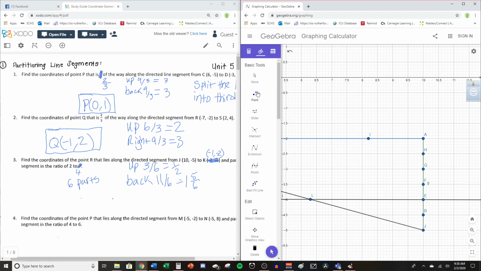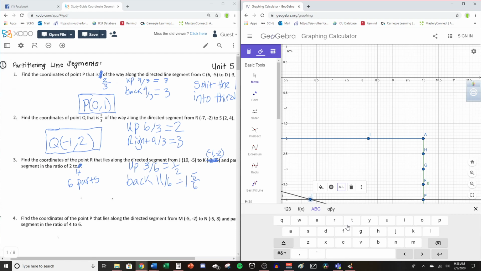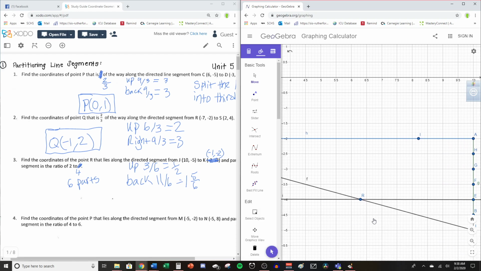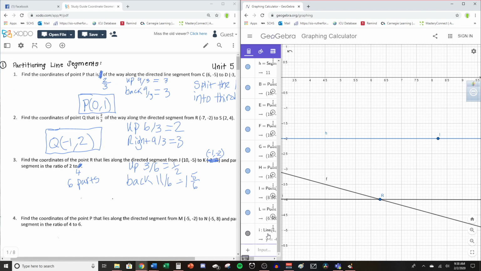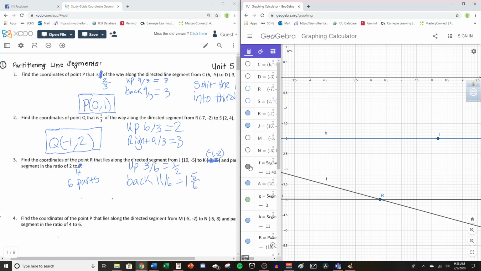Let's go ahead and analyze this point here. Let me change the label. We say that this is going to be point R. Okay, and I'm going to go to my tool over here, and we have this point R. Where's that at?